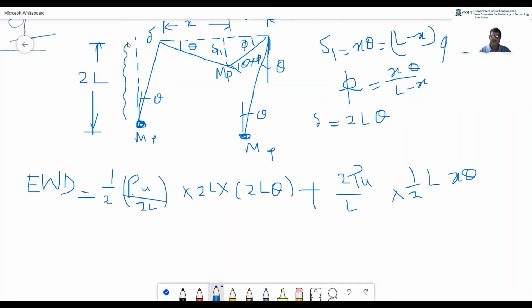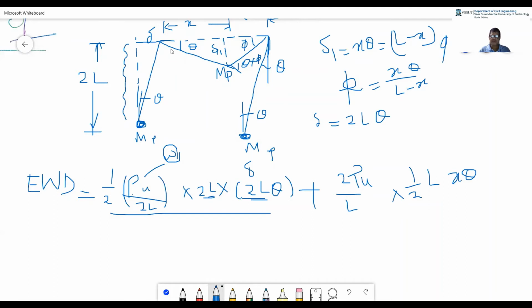PU by 2L is the intensity of loading, small w. Then you have to take the area: half into length 2L into delta, where delta is equal to 2L theta. So intensity of loading into area is the work done for this. Come here.